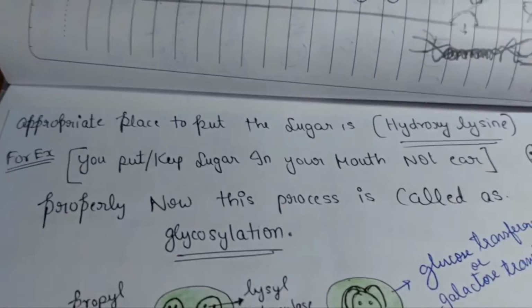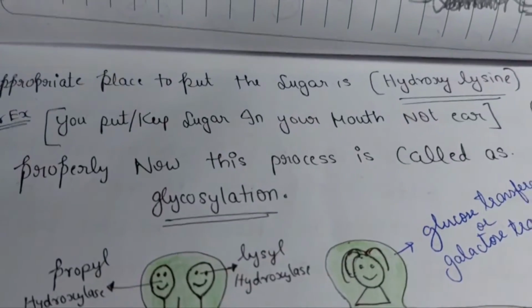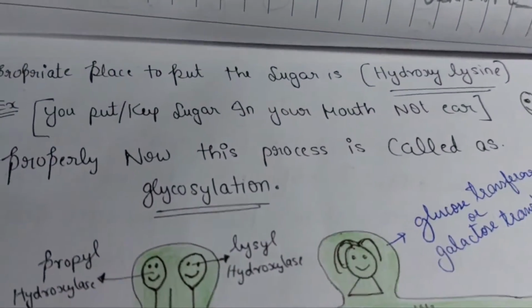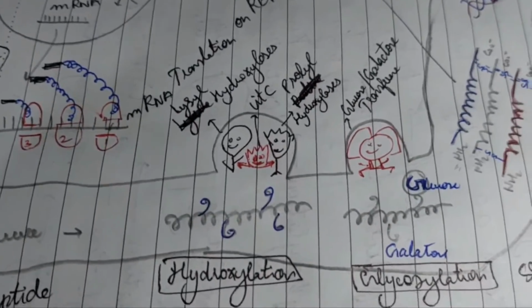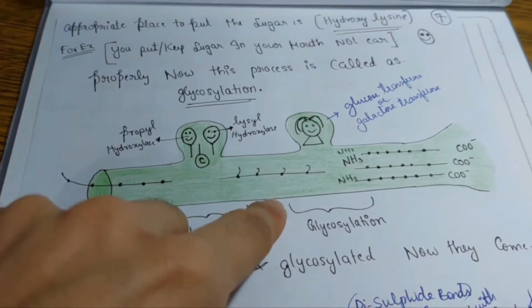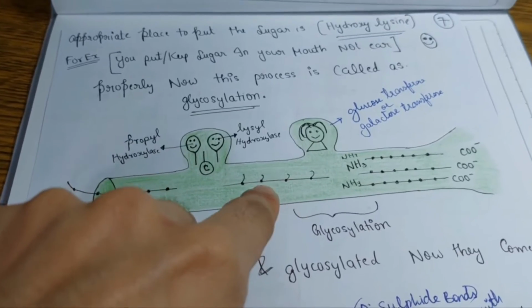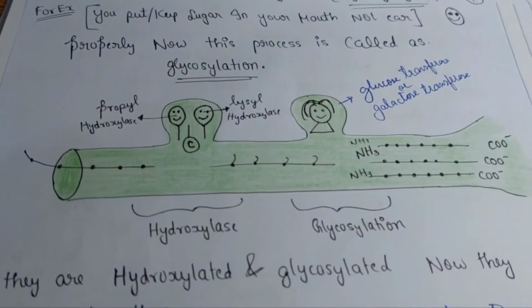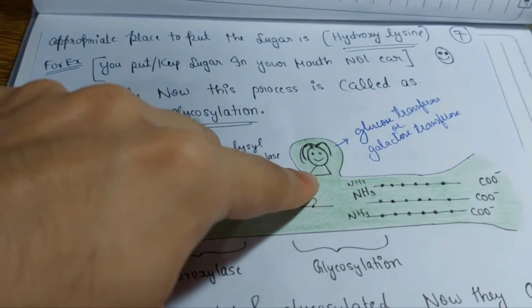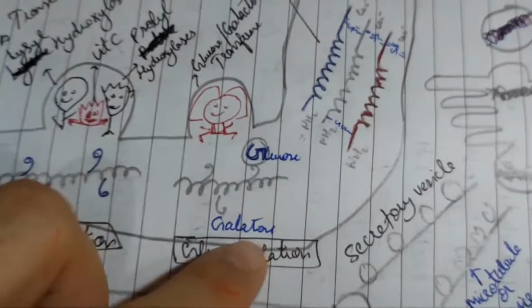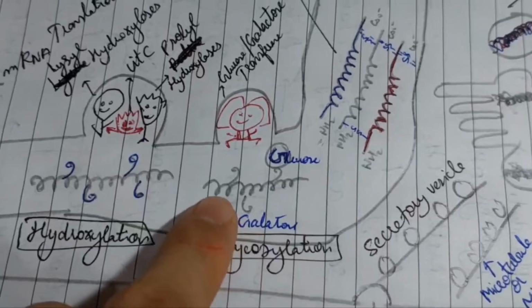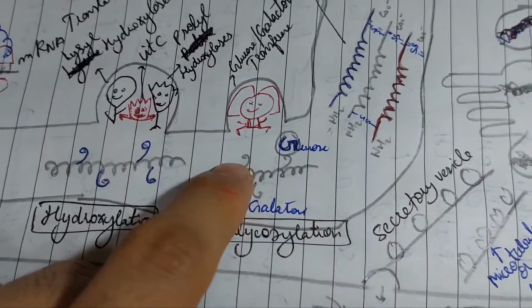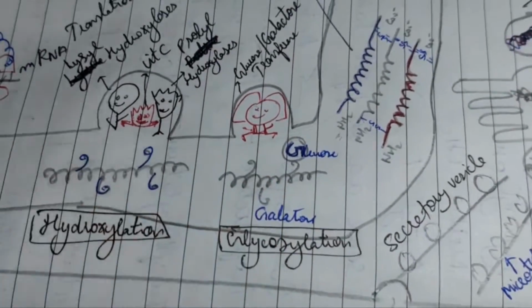That is the place where we are going to add either glucose or galactose, and this is called glycosylation. So here also we can see hydroxylation, and after hydroxylation we had these hooks on the pro alpha peptide chain, and now we will add sugar there with the help of glucose transferase or galactose transferase. Now the pro alpha peptide is hydroxylated as well as glycosylated.